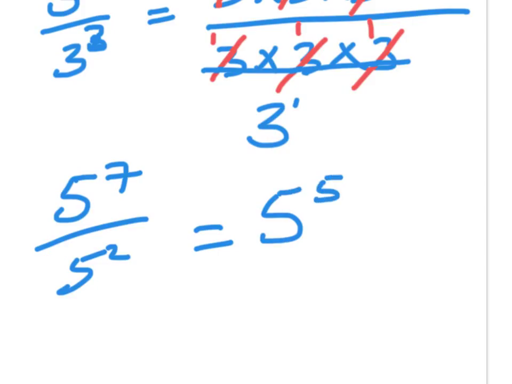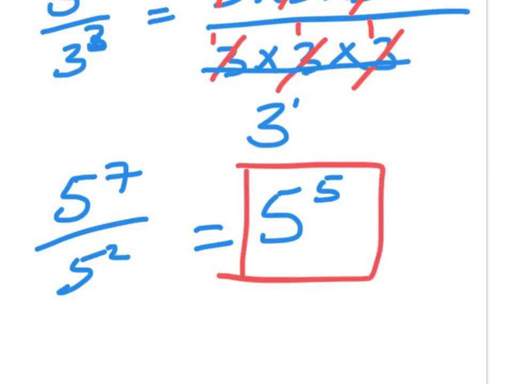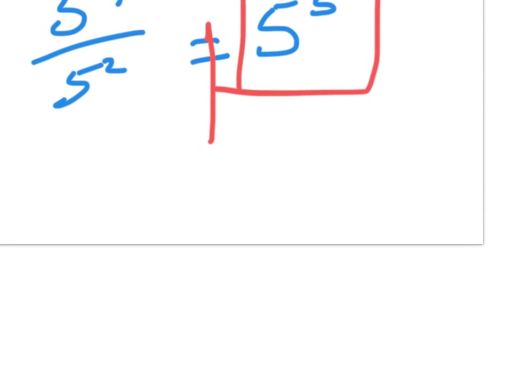So the rule is, and don't worry if you're not too sure about that, if you're dividing two terms with the same base number, you subtract the exponents. So 5 to the power of 7 divided by 5 to the power of 2 is 5 to the power of 5. And I'll just do a quick explanation of that just for people to see.